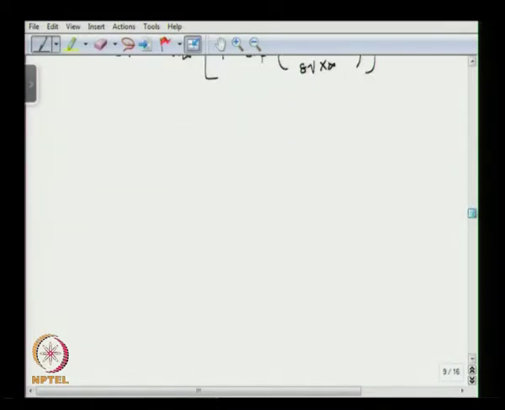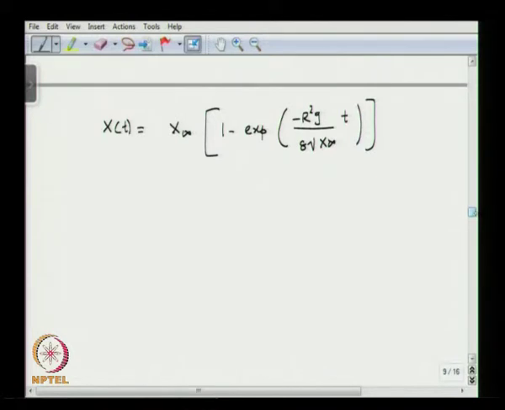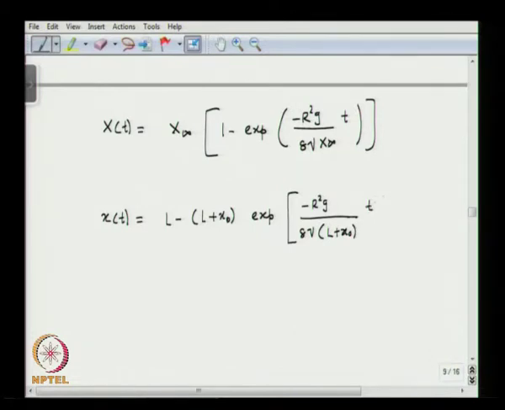Okay. Now, we can convert it back to the small x of t, which is our original variable. x of t is going to be L plus x 0 into 1 minus exponential minus r square g divided by 8 nu into L plus x 0 into t.